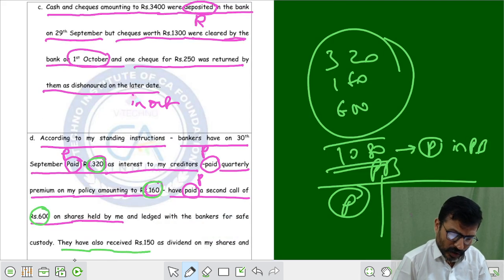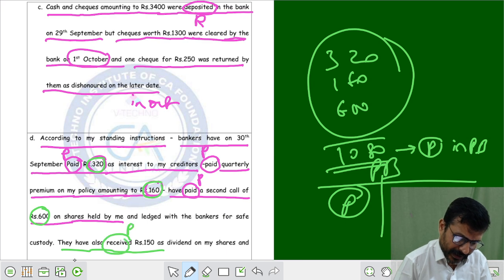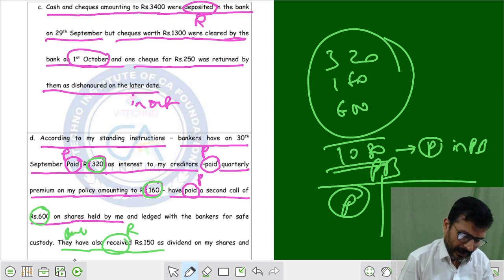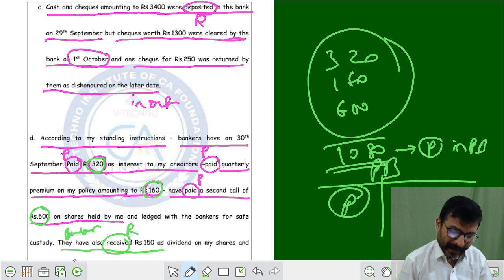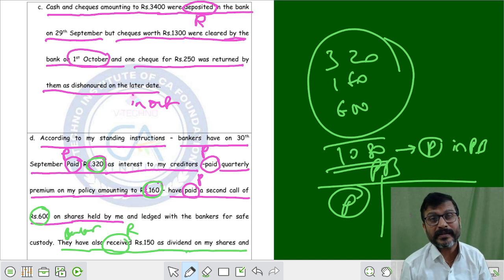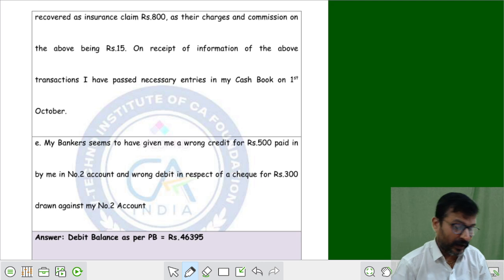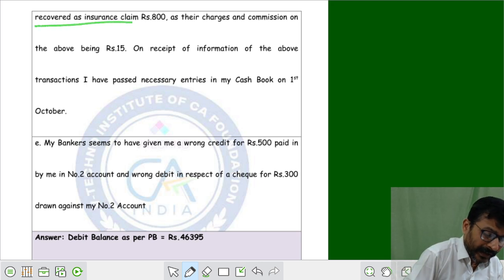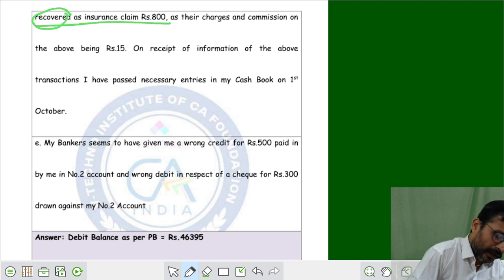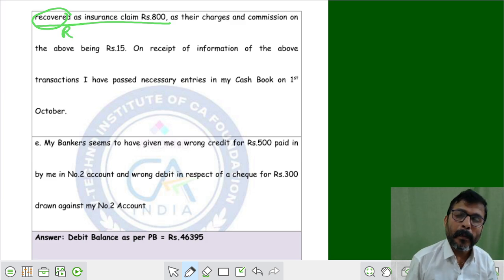They have also received. What they have received? Who received? Banker. Banker received 150 as a dividend on my shares. Then what else? Recovered the insurance premium. Recovered also means receipt.